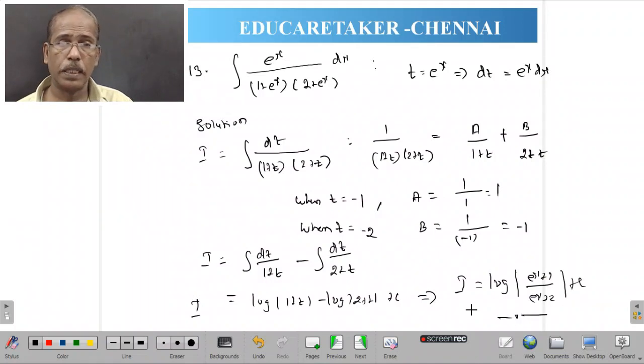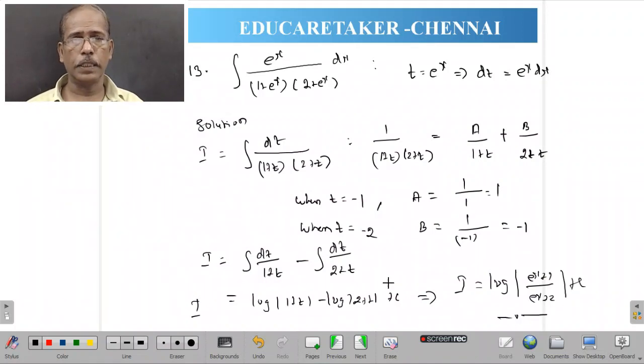So this is the final answer of question number 13 from the miscellaneous exercise of integral calculus.